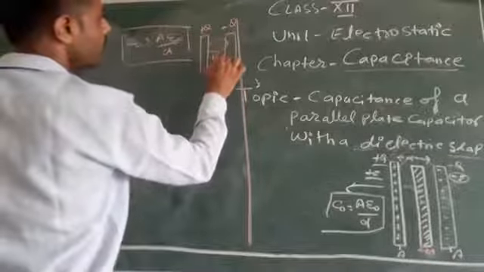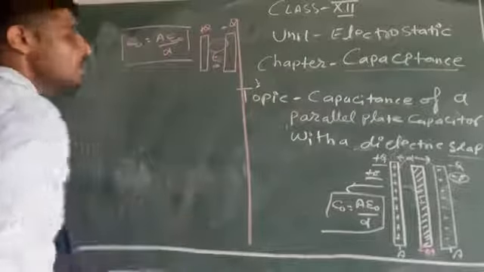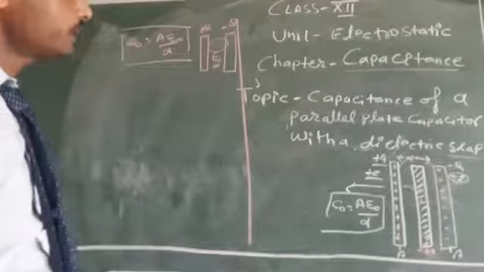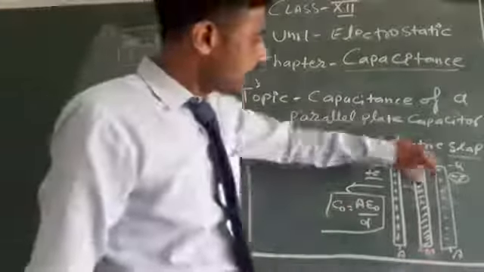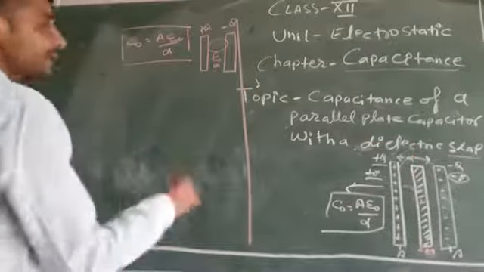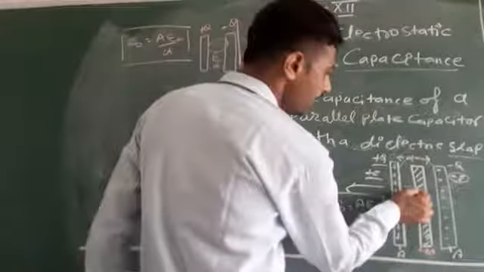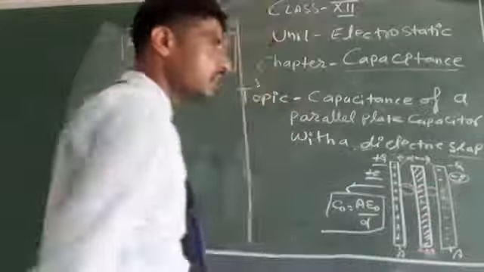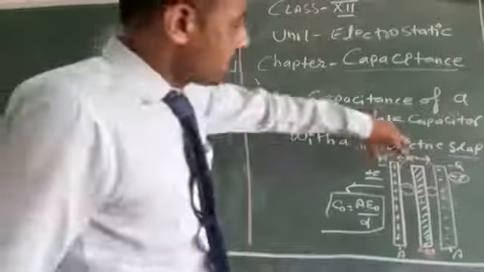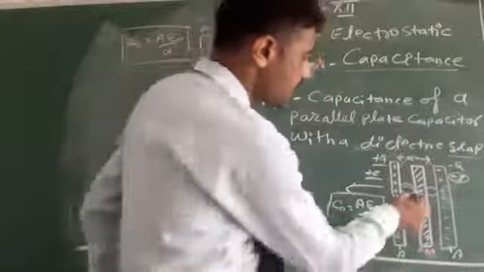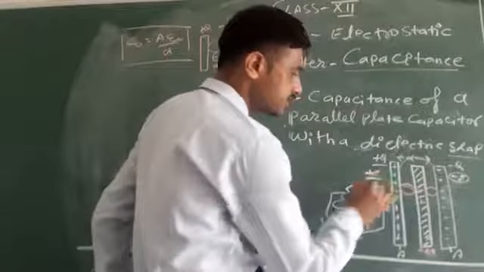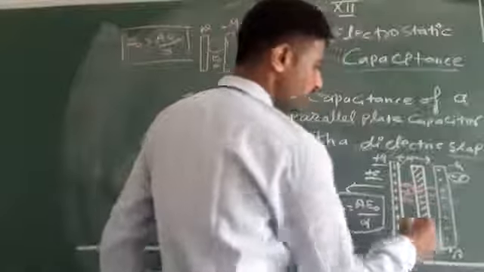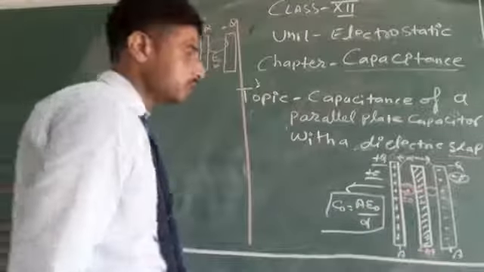So the electric field between the plates is E naught. But when this slab is introduced, in the region between the plates where air is present, the electric field intensity is E naught.